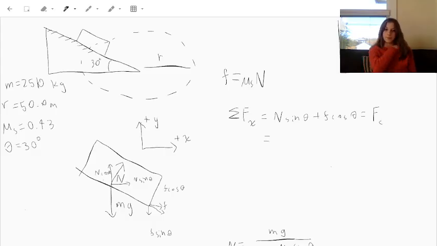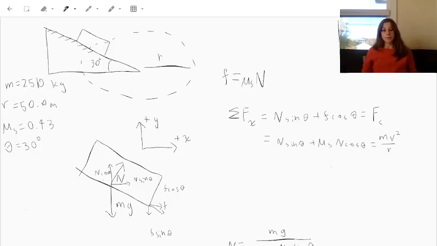So n sine theta plus mu s n cosine theta is equal to, remember that centripetal force is equal to m v squared over r. Cool.